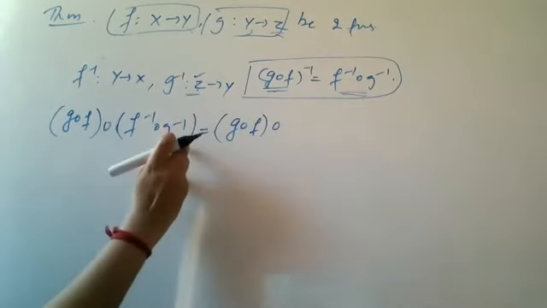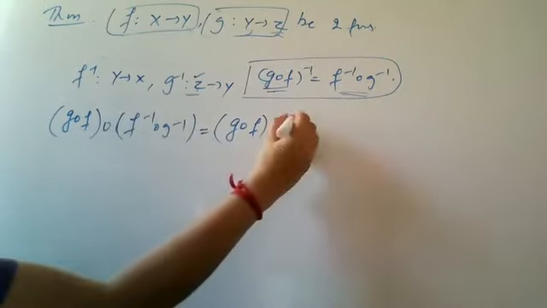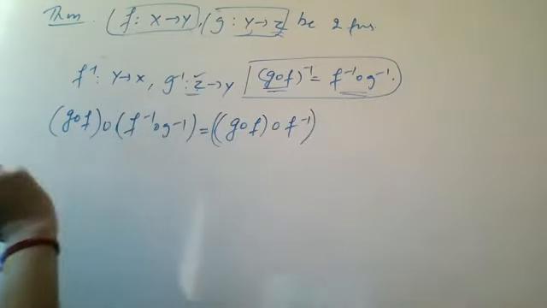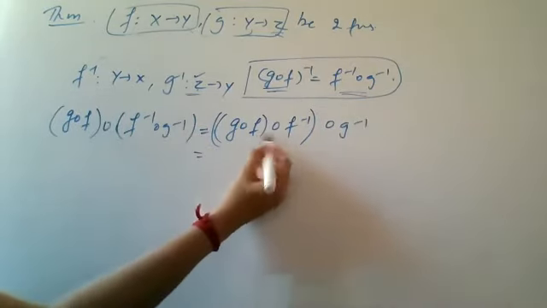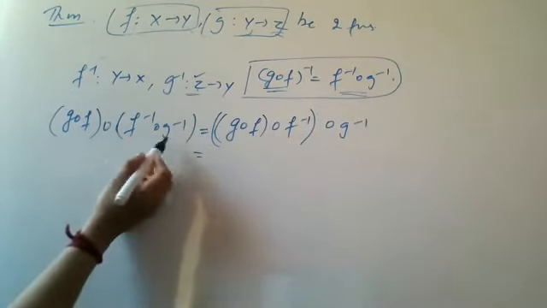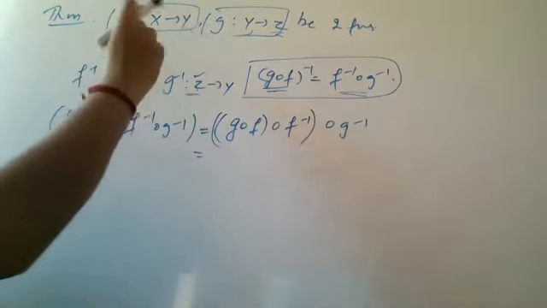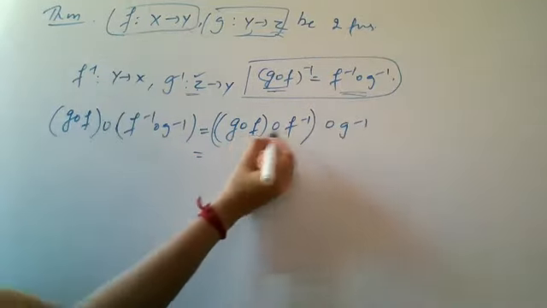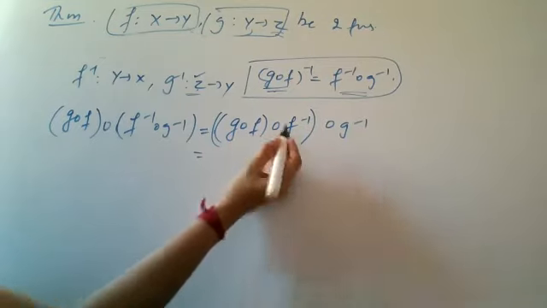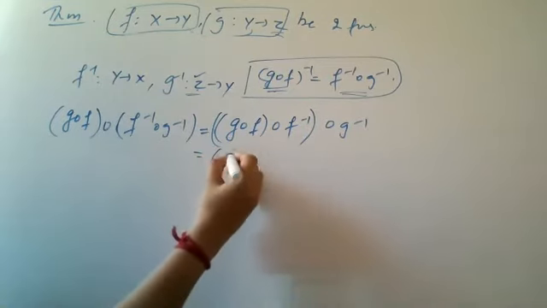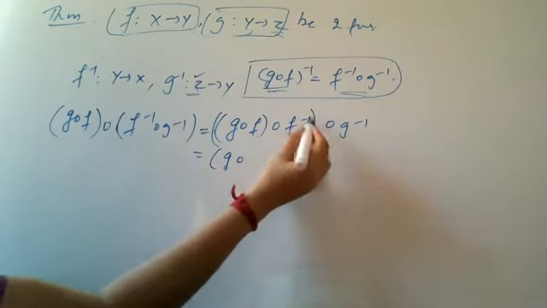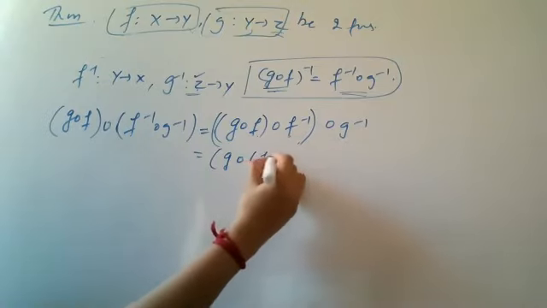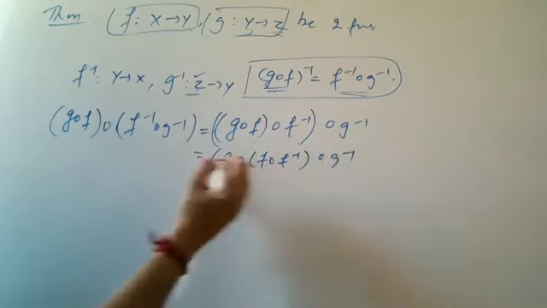Here you have a bracket like this, but we are just making this bracket को एक साथ ले लिया, इनवर्स को अलग रखते हैं, ठीक है? क्यों? क्योंकि इन दोनों का हम कुछ कर सकते हैं. Here we cannot do anything because we don't know their function कैसे हो रहा है, यहाँ पे कुछ लिखा नहीं है. That's why. So these two we know, F and its inverse composition we know what to do. So for that we are making like this. अब यहाँ पे भी ये देखो, ये दोनों एक ब्रैकेट में है, ये बाहर है, तो उसको हम ऐसे चेंज कर सकते हैं. So this will give you like F composition F inverse बाहर G.